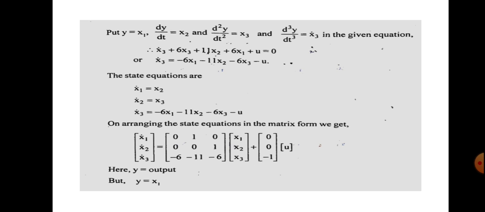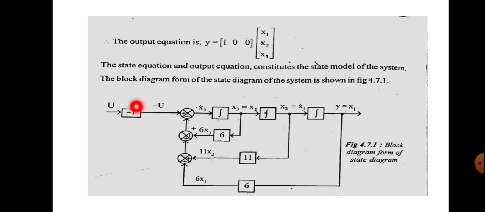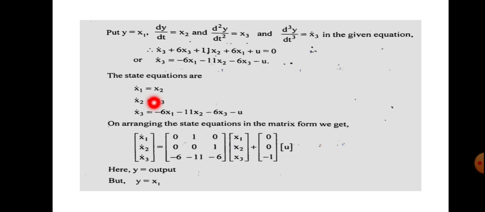But you know that x3 dot is constituted by the negative u. So you are introducing a scalar minus 1 here, and it will give minus u, and that will be given to the adder like this. So now x3 dot is constituted by this minus u, minus 6x3, minus 11x2, minus 6x1. So this equation is satisfied.